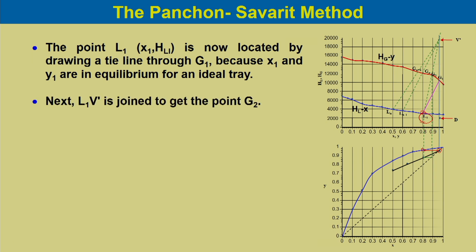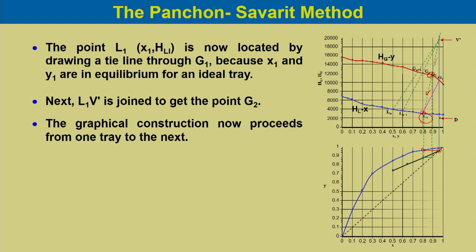Next, L1 and V dash are joined to get the point G2. From L1 you can draw a dotted line, as shown, which crosses the HG y curve and meets V dash. The intersection point gives G2.